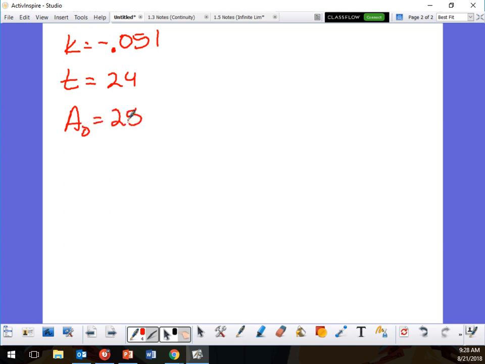Okay, let's plug it back in now. Right, so we're going to say that A of 24 is going to be equal to 25 e to the negative 0.051 times 24. Calculate.